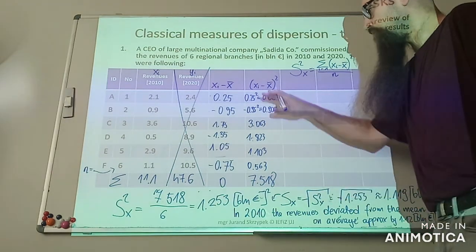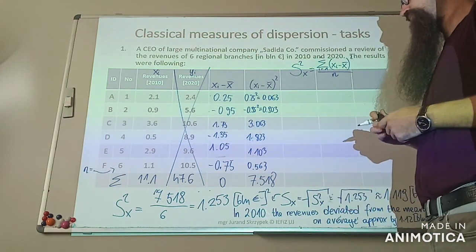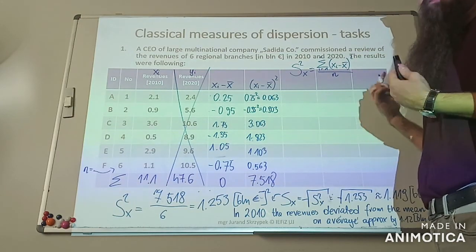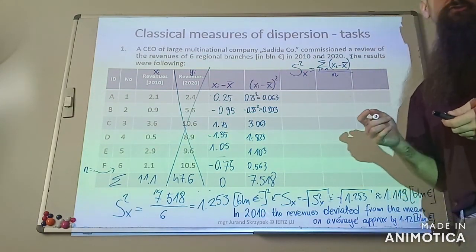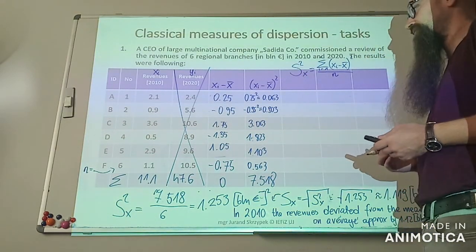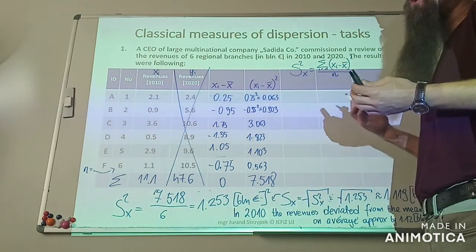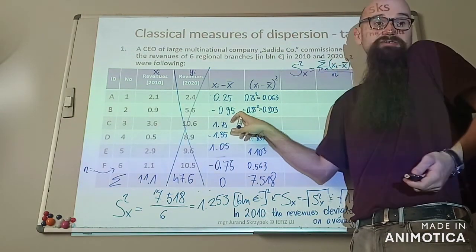Here we have different distances between the arithmetic mean and the values of the variable x. We raise these distances to the power of 2 in order to avoid the problem of negative distances.